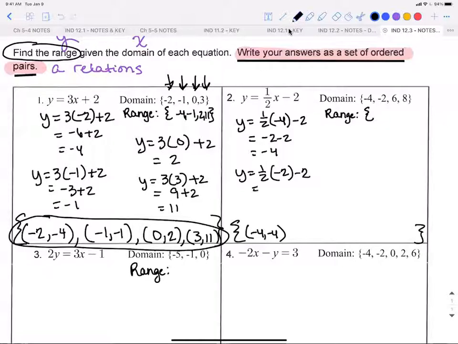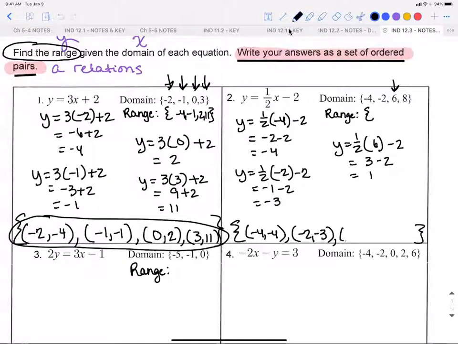Half of -2 is -1 minus 2, which equals -3. So my next ordered pair would be -2, -3. And then 1/2 of my next one, which is 6, minus 2. 1/2 of 6 is 3 minus 2. So I get a 1.